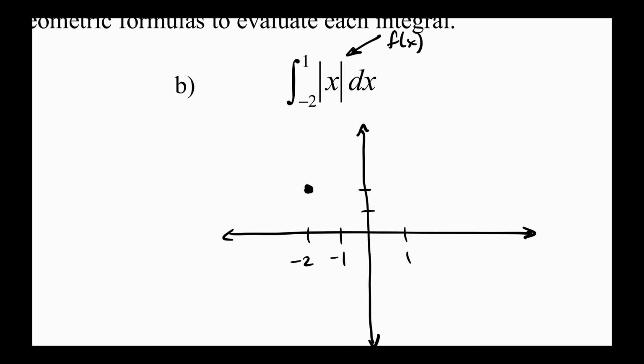What value do I get when I plug in -1 into f of x? +1. How about 0? How many steps from 0 is 0? None. It's already on there, right? And then how about 1? What's the absolute value of +1? 1. Done. Close it off.